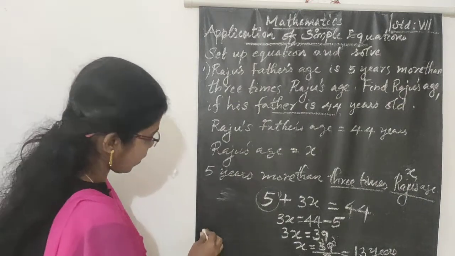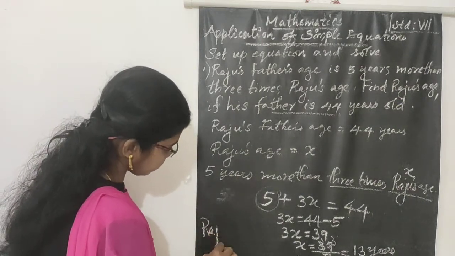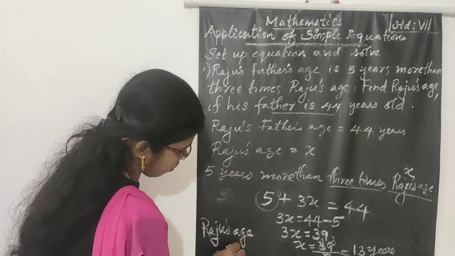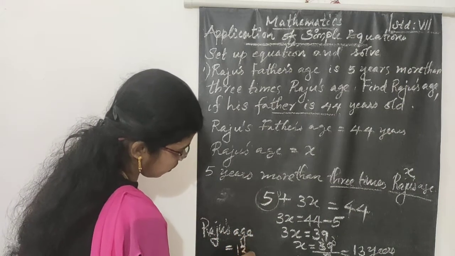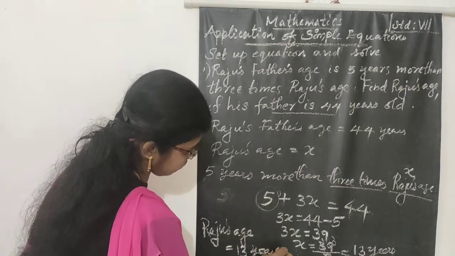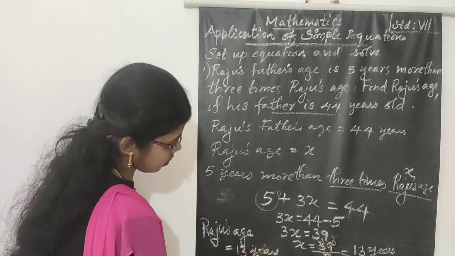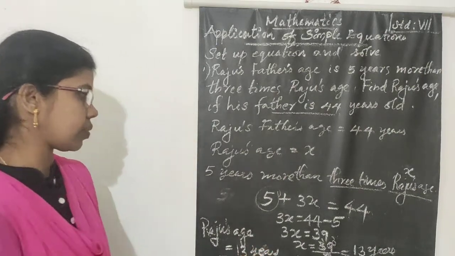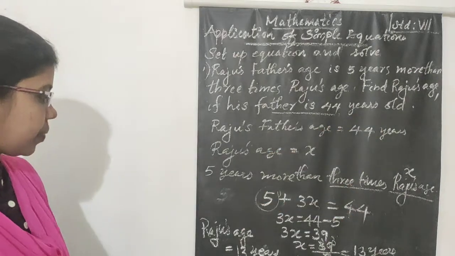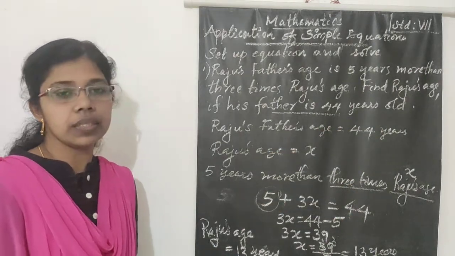That means Raju's age equal to 13 years. Raju's father's age is 44.